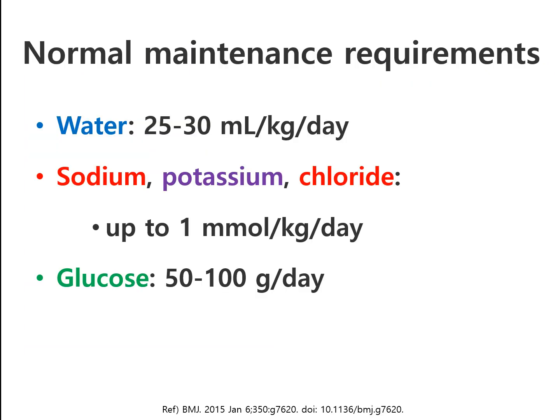For normal maintenance, the requirements are usually water 25 to 30 ml per kg per day, sodium, potassium, chloride up to 1 millimole per kg per day, glucose 50 to 100 gram per day.